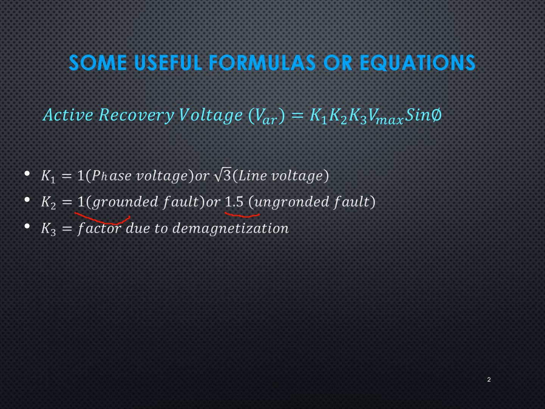K3 is another constant. The K3 value depends on the factor of demagnetization. Due to demagnetization, the active recovery voltage is reduced, and that is denoted by K3.